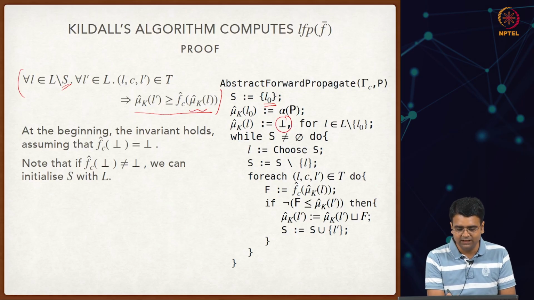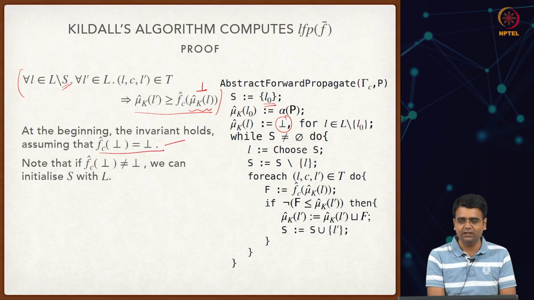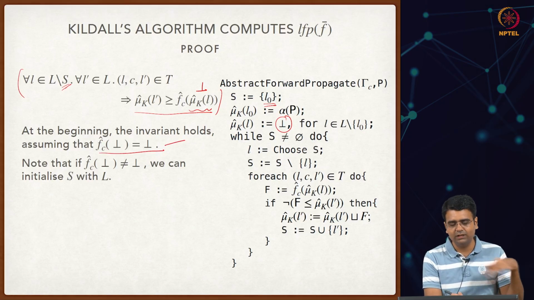So essentially this value is bot, and if you assume that f at C of bot is equal to bot, and this is in general a safe assumption, because remember bot is the bottom element in the lattice. So typically the abstract transfer functions will never assign a non-bot value to bot.